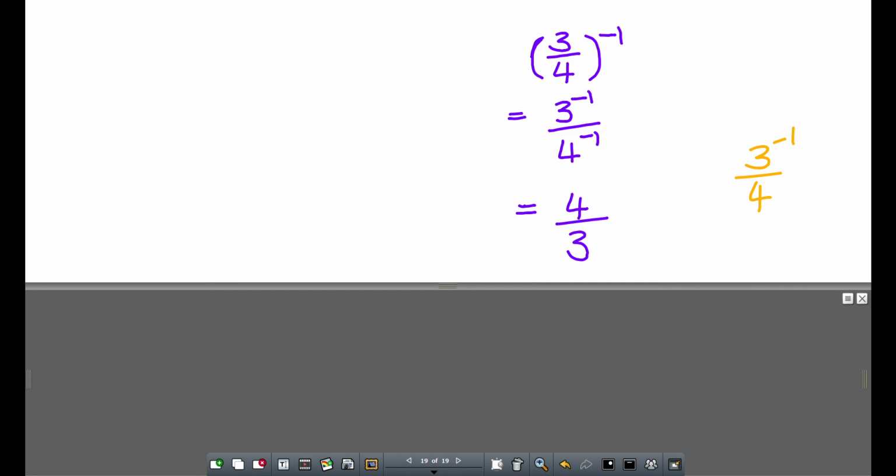So now who does that minus 1 apply to? Only to the 3, which means that that's going to move. The 4 stays. So it's going to look like this.